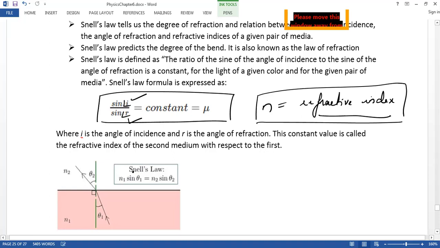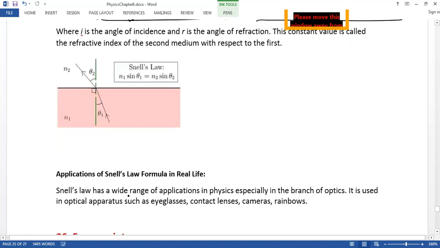This is the formula, as you can see from this diagram. You can consider this medium as air, which has refractive index n2, and this, for example water, has refractive index n1.